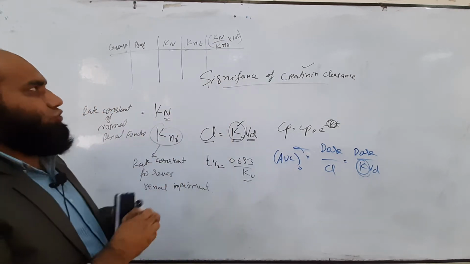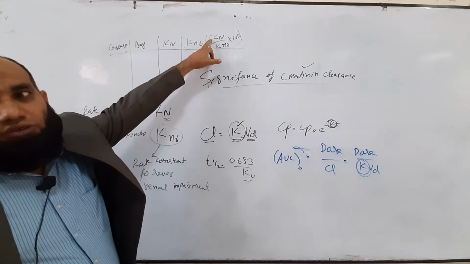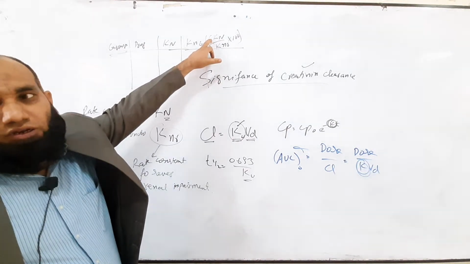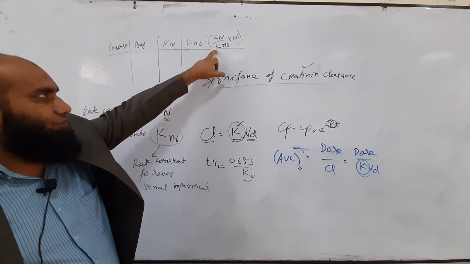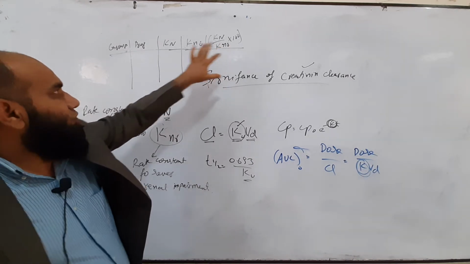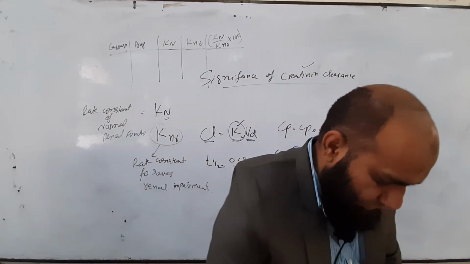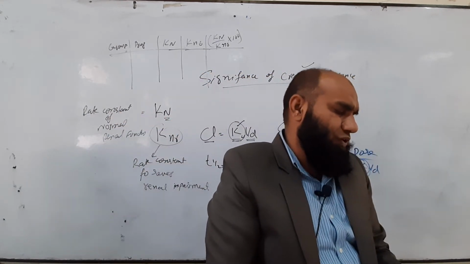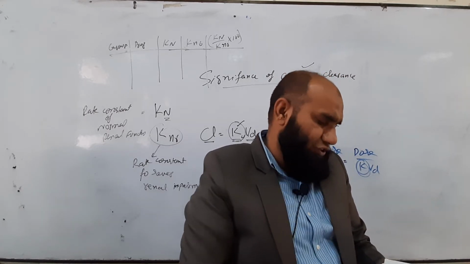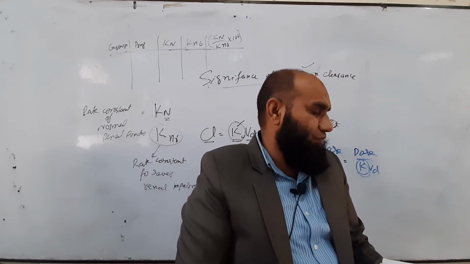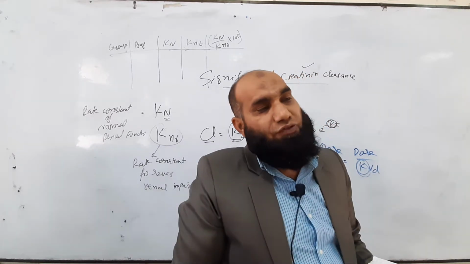This is basically the ratio of the rate constant in normal condition when renal function is normal, and when renal function is compromised. When we see this table, we can assume that there is a relationship between this type of rate constant and the half-life.